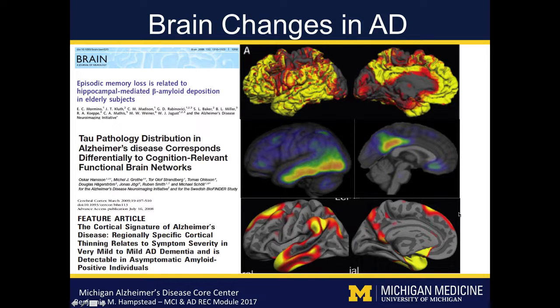So from an imaging standpoint, especially at the group level, we're at a stage where we're able to use these techniques to enhance our diagnostic certainty, and even in studies like the A4 trial, to select participants who may benefit from novel pharmacologic agents.